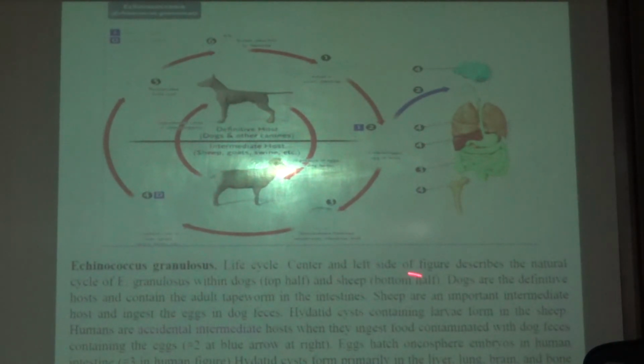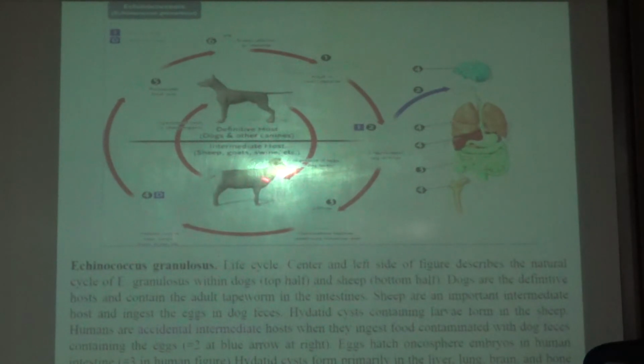If you see, dogs are the definitive host and contain the adult tapeworm in the intestine. Sheep are the important intermediate host and ingest the eggs in dog feces. Hydatid cysts containing larvae form in the sheep. Humans are accidental intermediate hosts.